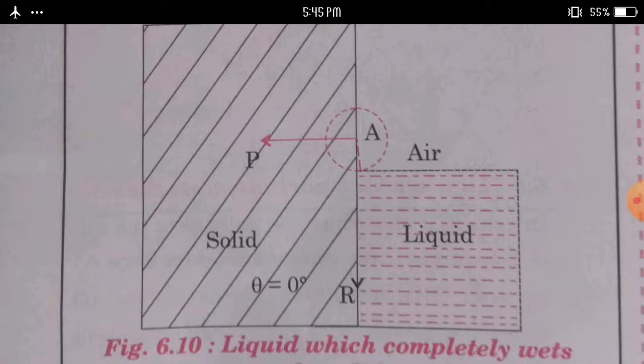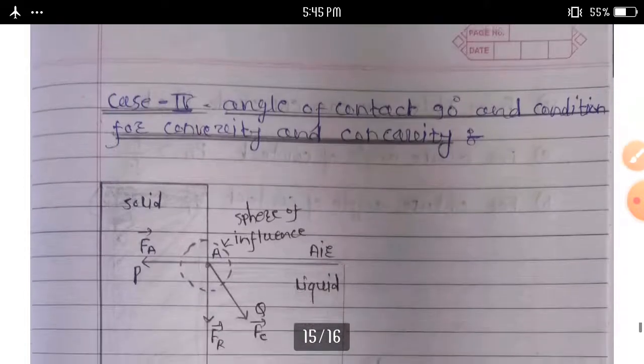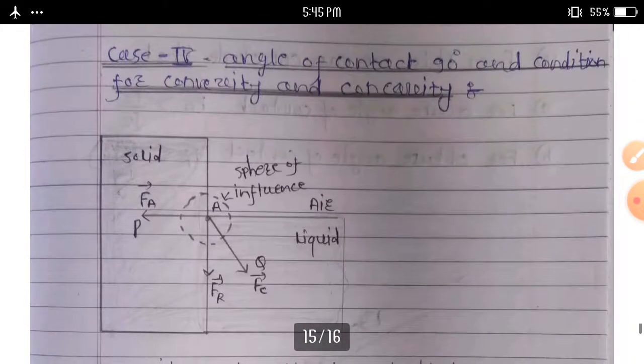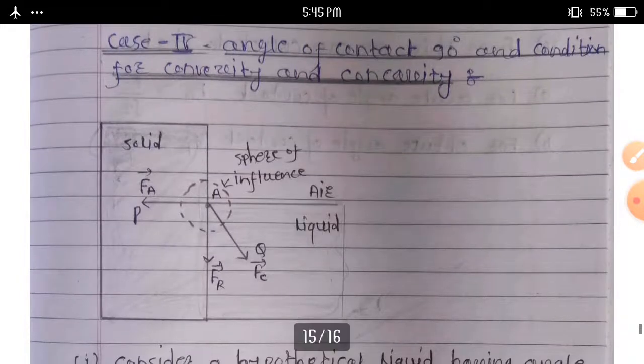Fourth case, angle of contact 90 degrees, and the condition for convexity and concavity. See this diagram. Consider a hypothetical liquid having an angle of contact of 90 degrees with a solid container. The molecule experiences both adhesive and cohesive force.